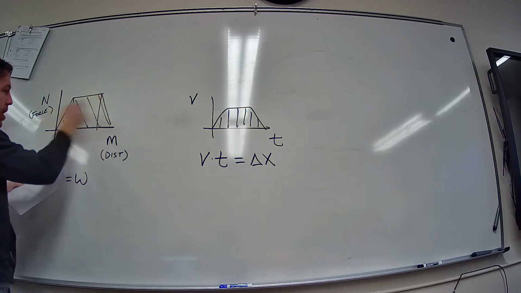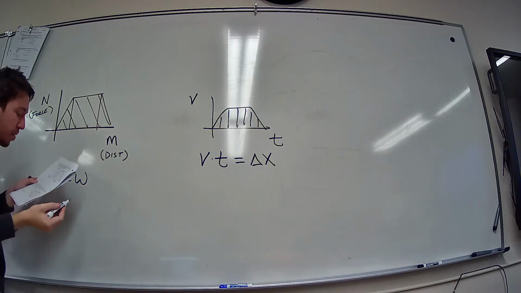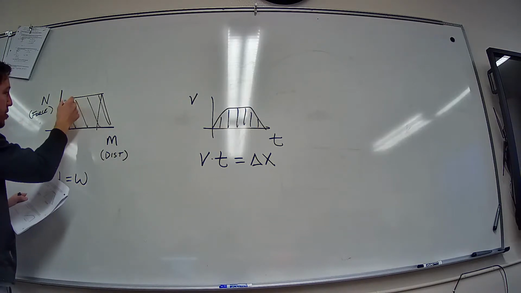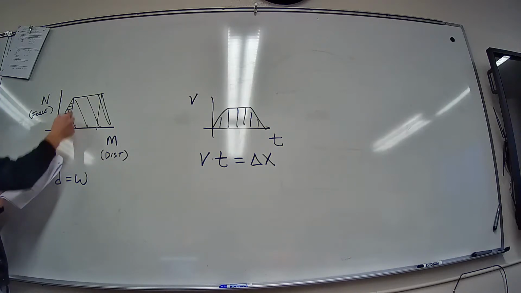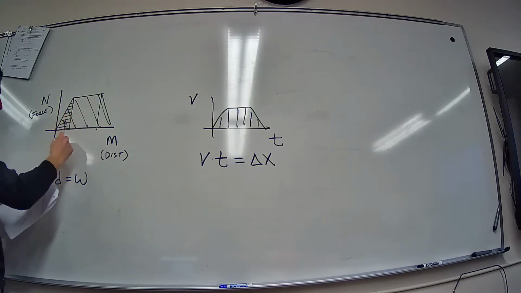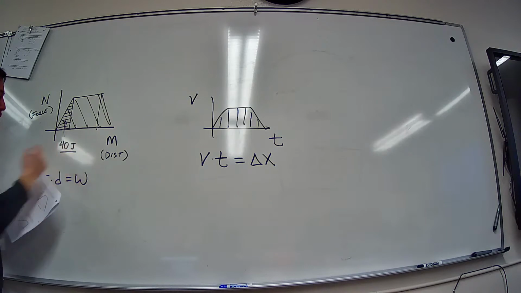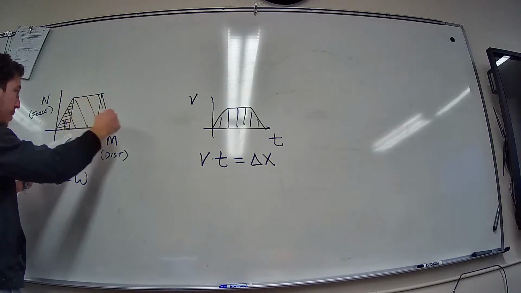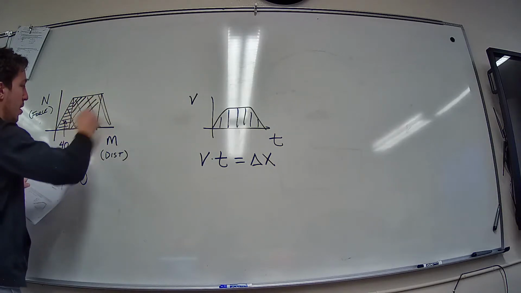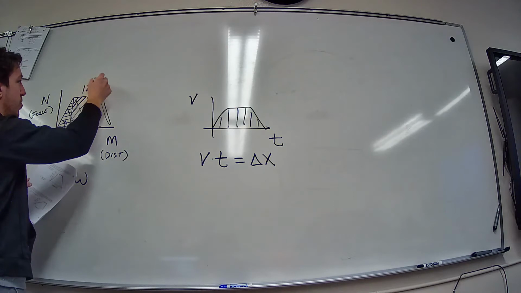Let's split it into two triangles and a rectangle. How big is this triangle here? 2 times 40 divided by 2, so that little triangle contributed 40 joules of work. Does that make sense? And then this rectangle is 40 times 3, so that was 120 joules of work.